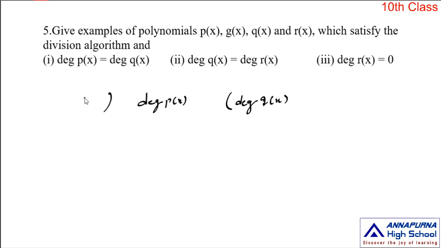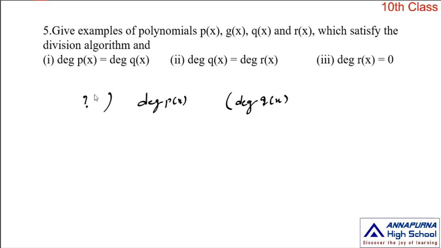then what is the degree of the divisor? When you complete the division, first we must know the degree of the dividend and divisor. So in case the degree of p of x and the degree of q of x are equal, then what is the degree of the divisor?